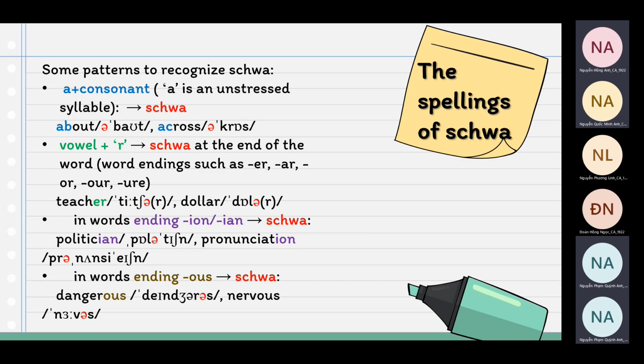For example, teacher, dollars. In words ending with ION or IAN, the letters IA or IO always have a schwa sound. For example, politician or pronunciation. And the fourth one is in words ending with OUS. The OU is also pronounced as a schwa. For instance, dangerous or nervous.